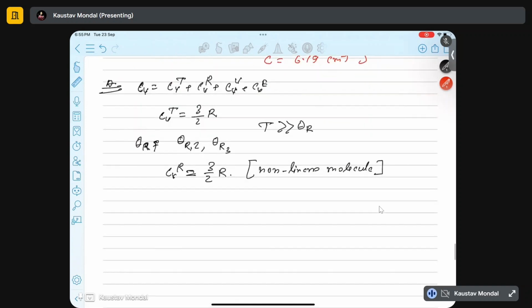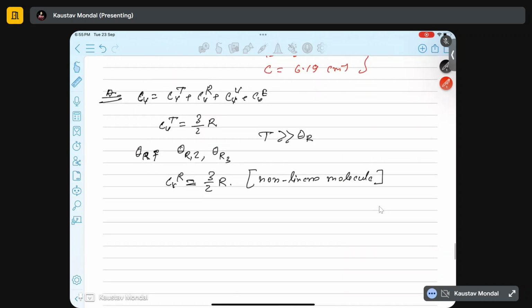Lastly comes the vibrational part. The vibrational part works the same way. You have to first find out whether all the vibrational modes are activated or not. For that you have to calculate the characteristic vibrational temperature for all the modes with different frequencies, independent modes. You have to make sure that T is greater than theta V1, theta V2, theta V3, like this, depending upon how many vibrational modes exist in the system.